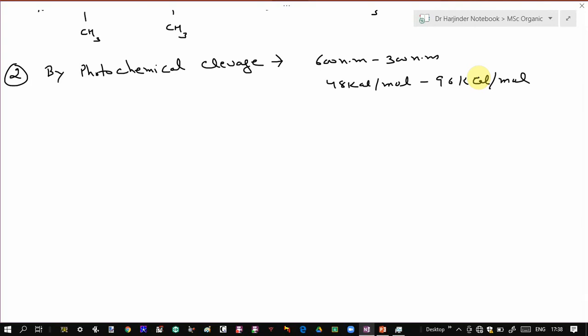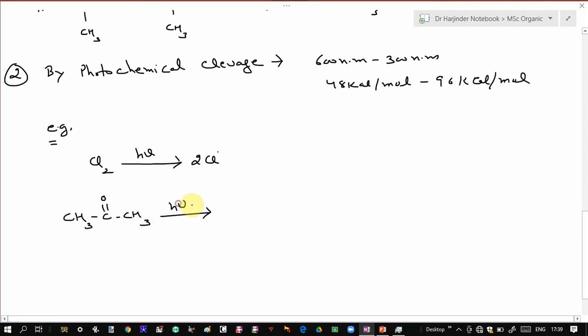a covalent bond. For example, if you have a chlorine and if you treat this chlorine by light, by photochemical reaction, this chlorine covalent bond undergoes a homolytic bond cleavage to give rise to two chlorine radicals. Similarly, if you have an acetone molecule, this acetone also undergoes a homolytic bond cleavage in presence of light.